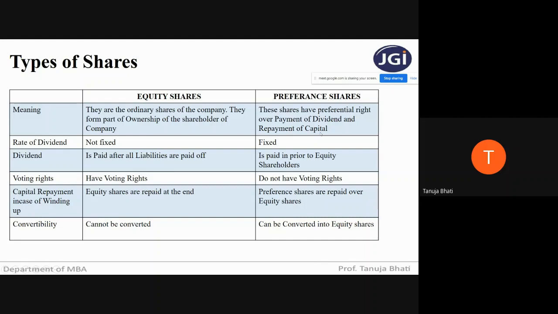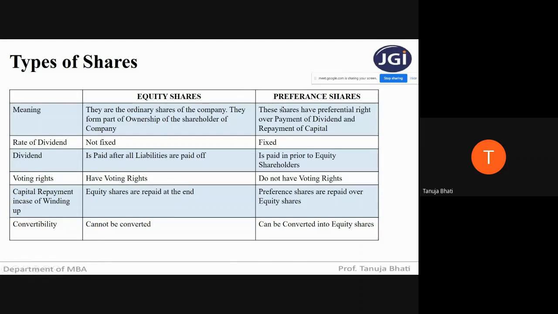Suppose the company is winding up, or suppose the company is liquidating. Whatever capital has been invested in the form of shares by the shareholders has to be repaid back. So when the company is winding up or is into liquidation, first the preference shareholders' capital will be repaid, and if anything is remaining, then the equity shareholders will get it.